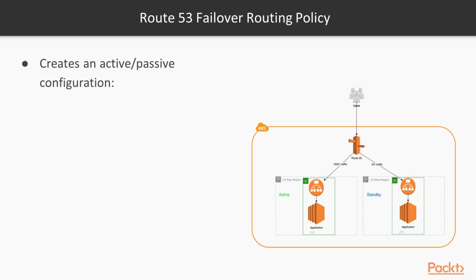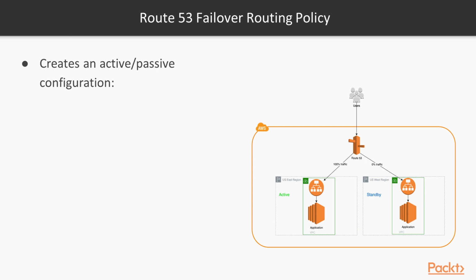Next example, failover routing policy. A failover routing policy creates an active-passive configuration. So this is an example of how to build a disaster recovery solution using Route 53. Users connect with your domain. Normally, 100% of the traffic goes to the active region, the US East region. And there's a standby region, which is getting 0% of the traffic.